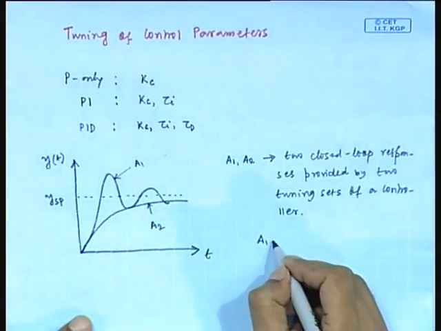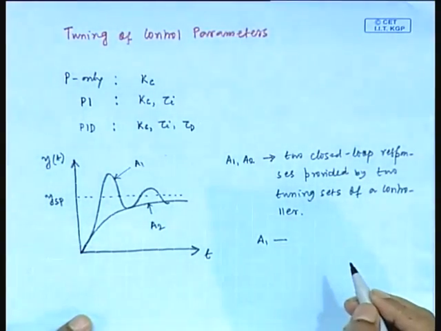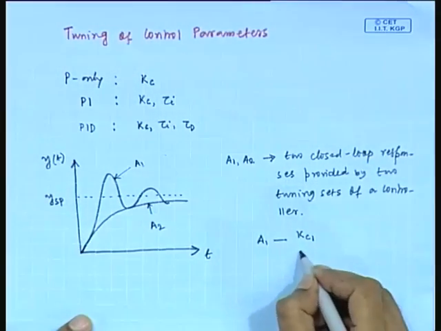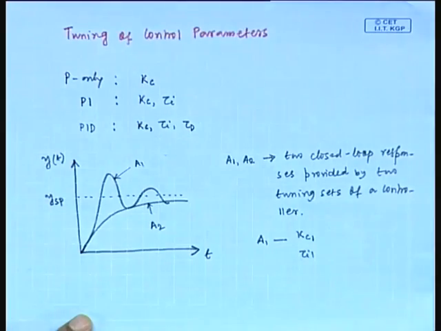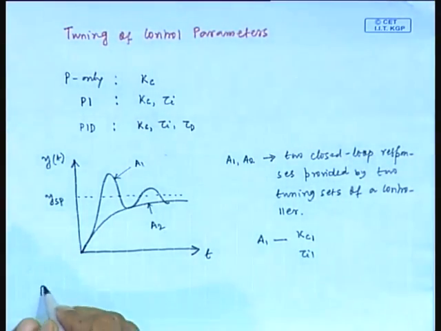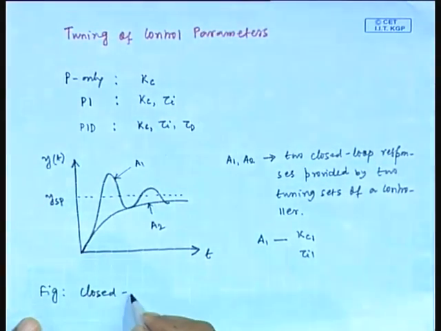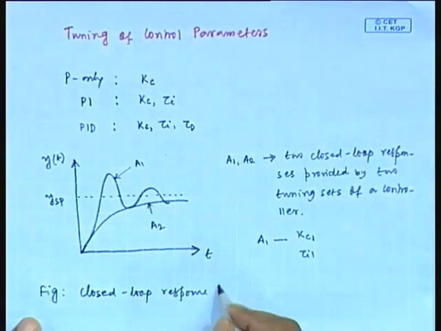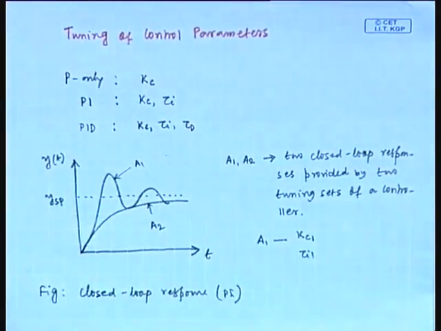We get response A1 when we consider Kc1 and tau I1. Suppose this is the closed loop response of a process under PI controller. Fine. This is the closed loop response when the process includes a PI controller.